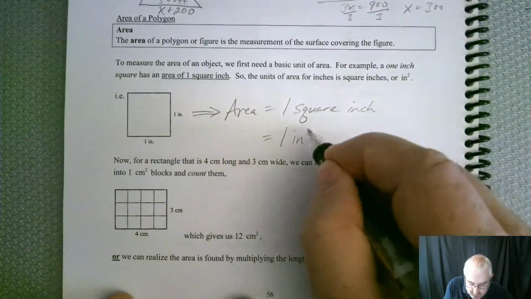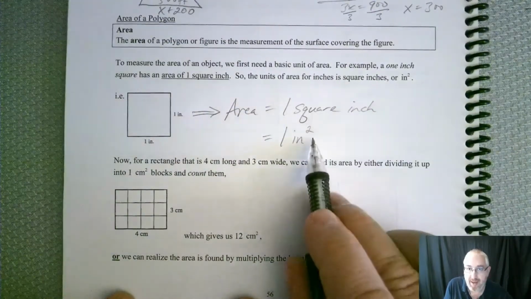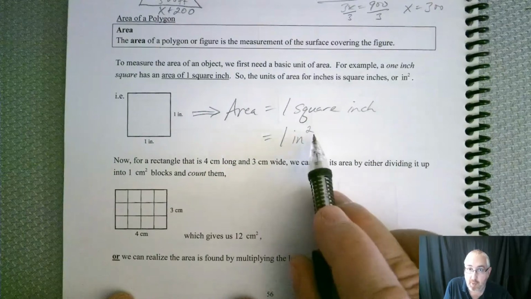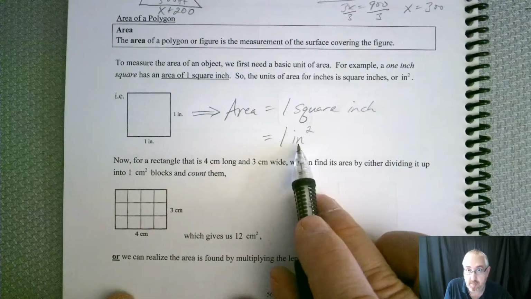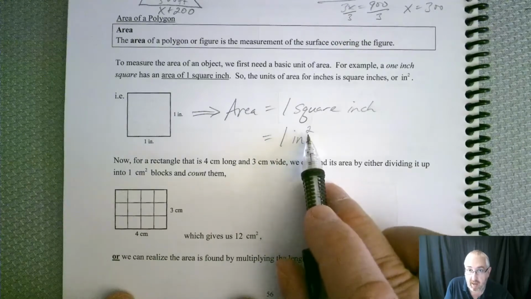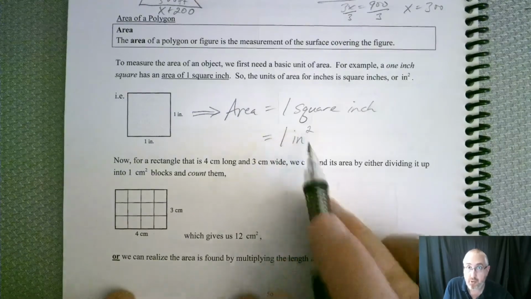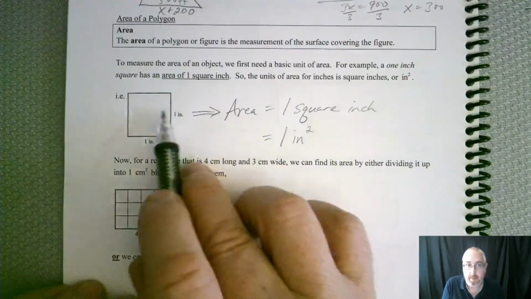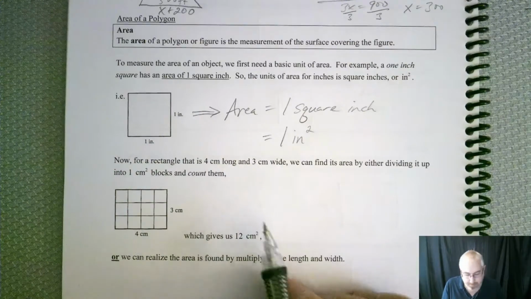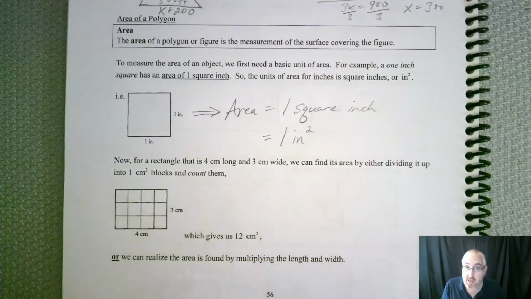So instead of writing it like that in words, we can write it with an exponent. So the exponent has to be on the units, after the units, like this. So whenever you see that exponent of 2, it's a two-dimensional shape that you're looking at. That's why it's there. So this is a two-dimensional shape. Okay, so that's our building block.